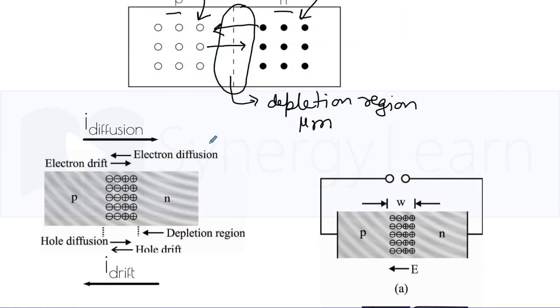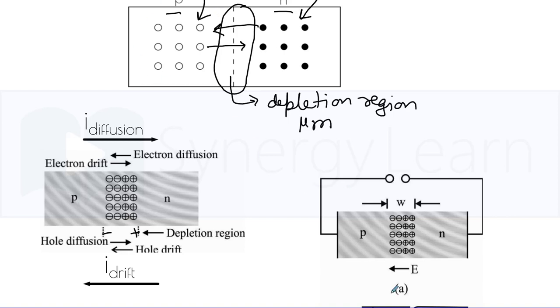Now, the diffusion of holes and free electrons causes charge imbalance and leads to development of polarity on the two sides, because the free electrons which drifted to P side or the holes which diffused to N side carried their respective charges, leading to positive and negative charge on the two sides.